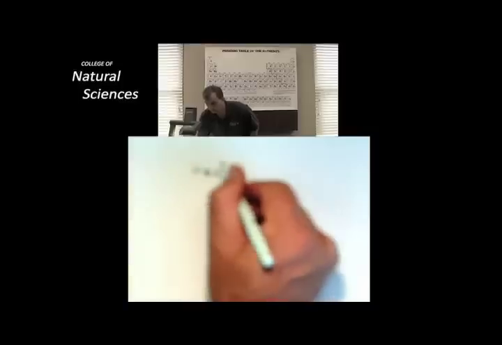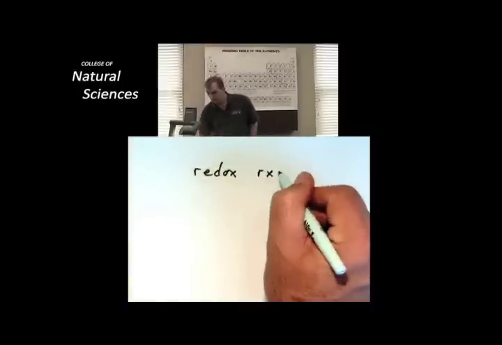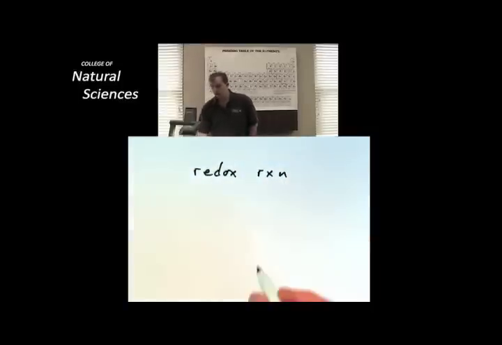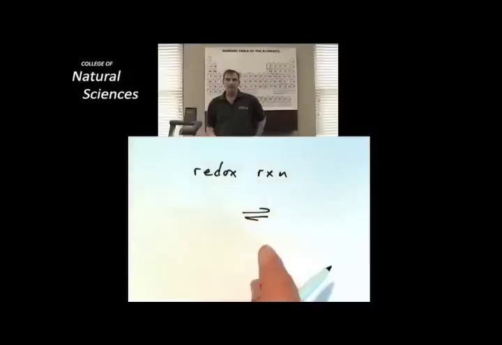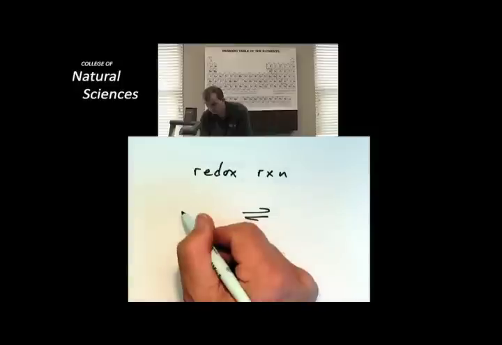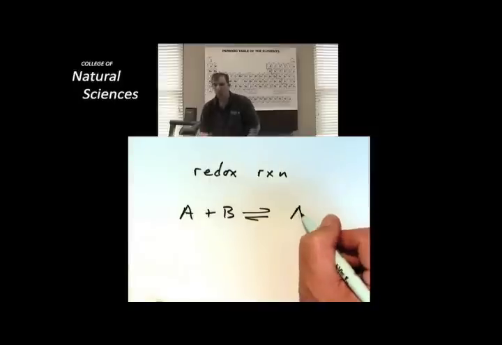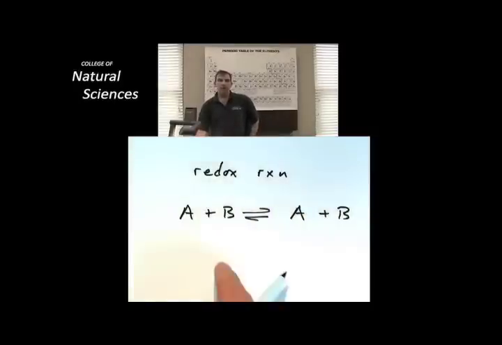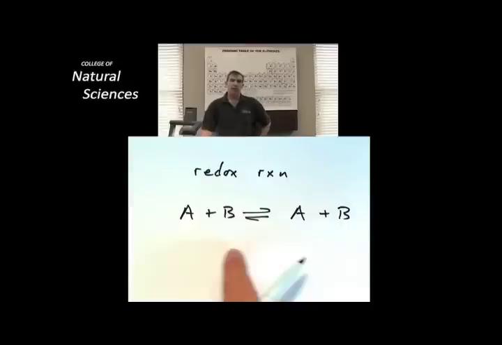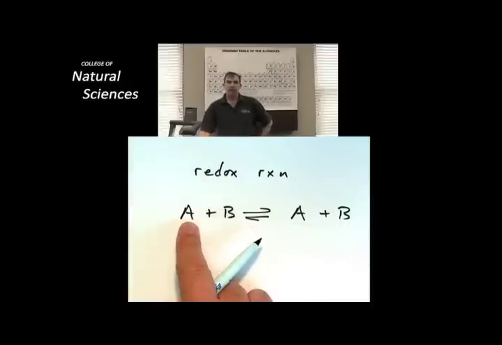Let's talk generally now about this thing called a redox reaction. When redox reactions occur, there is always this kind of equilibrium symbol I have in the middle, and there will be the availability here in this chemical reaction of certain kinds of atoms on the left and the right-hand side.